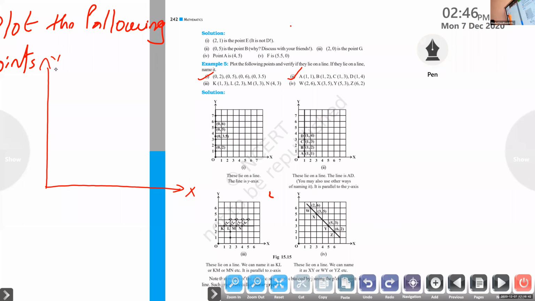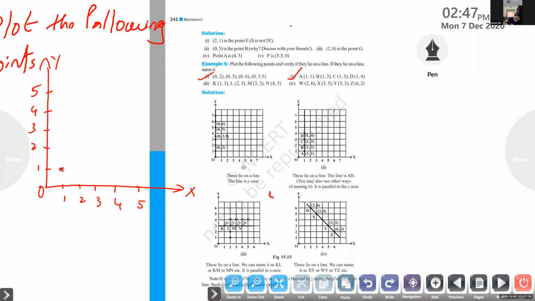X-axis, y-axis, 0. Maximum point is 4. First point is (1, 1). (1, 1) will be here.